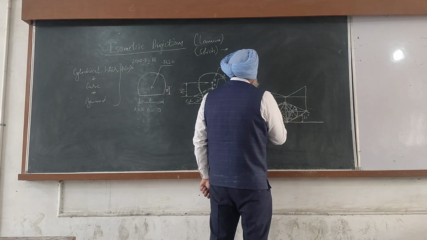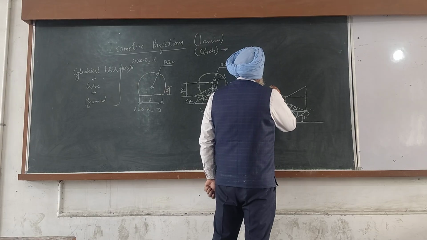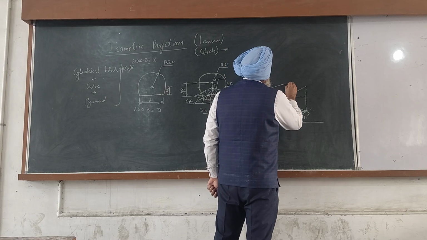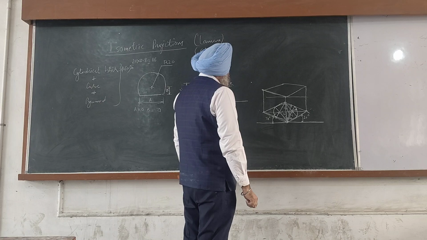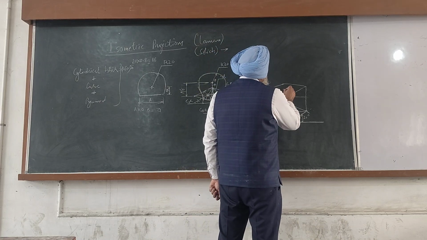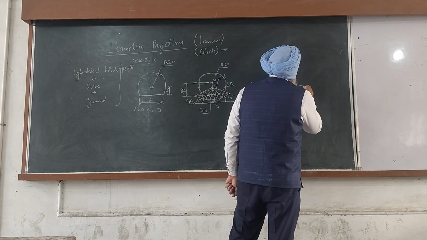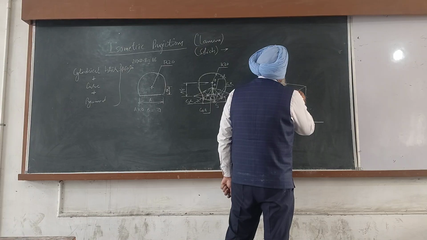Here it is. Clear? So far is it okay? Your cylindrical block has come, whose height is given up to here, maybe this is 20, center to center this height is given to you.